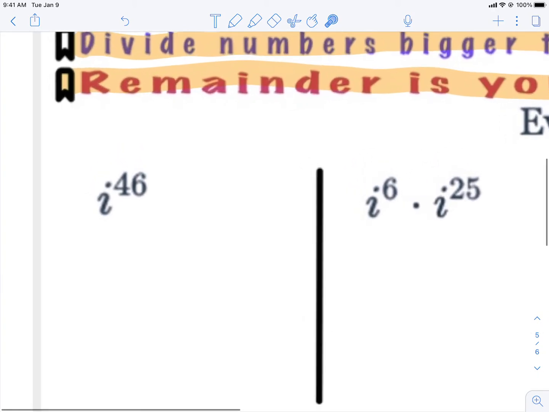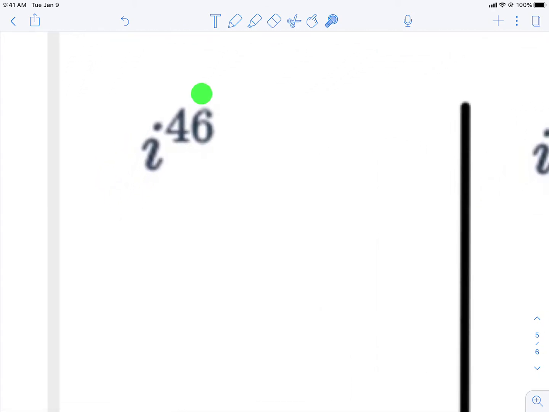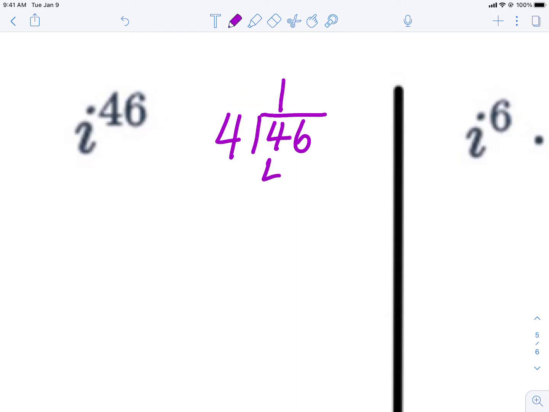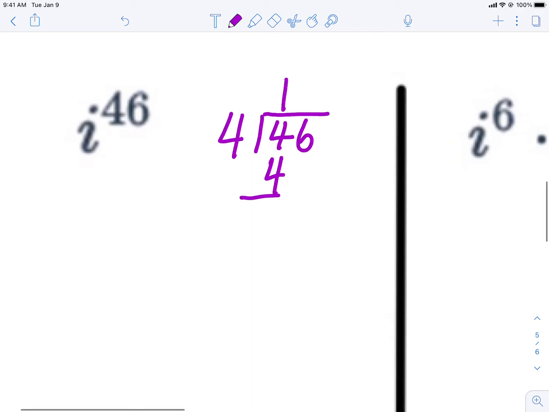So you see this first example here. This 46, that's bigger than 4 for sure. So I'm going to do some old school division. And I'm going to divide by 4. 4 goes into 46. How many times? Well, 4 into 4 goes 1 time. 4 times 1 is 4. 4 minus 4 is 0.